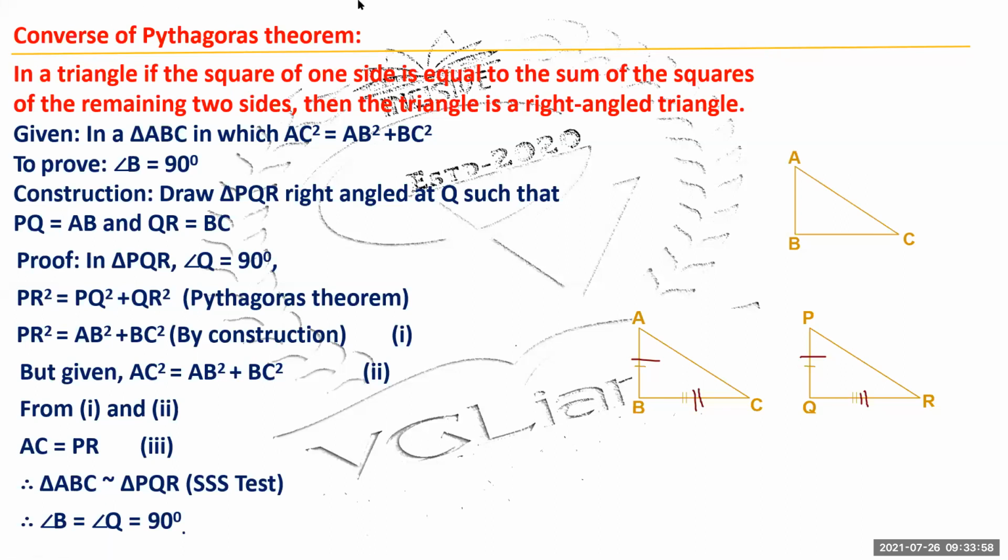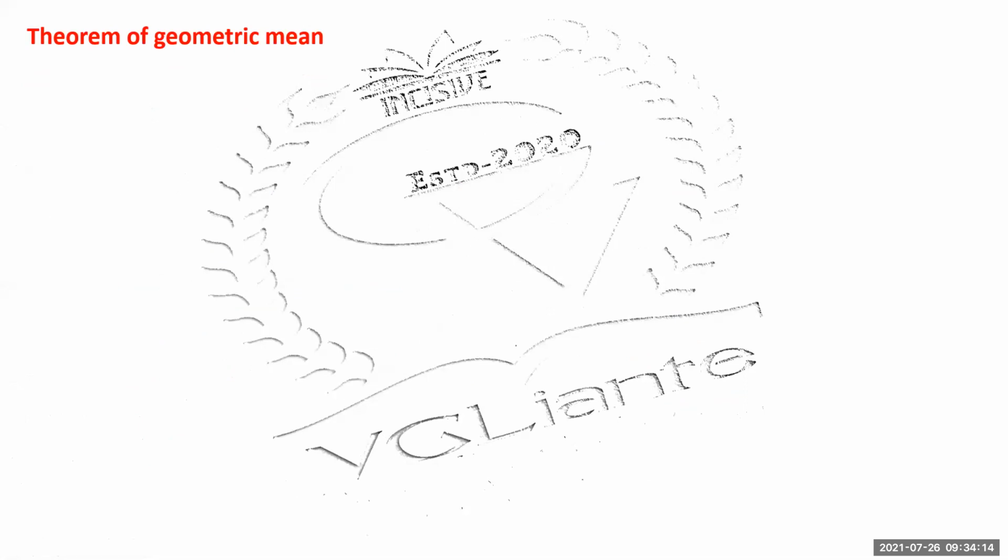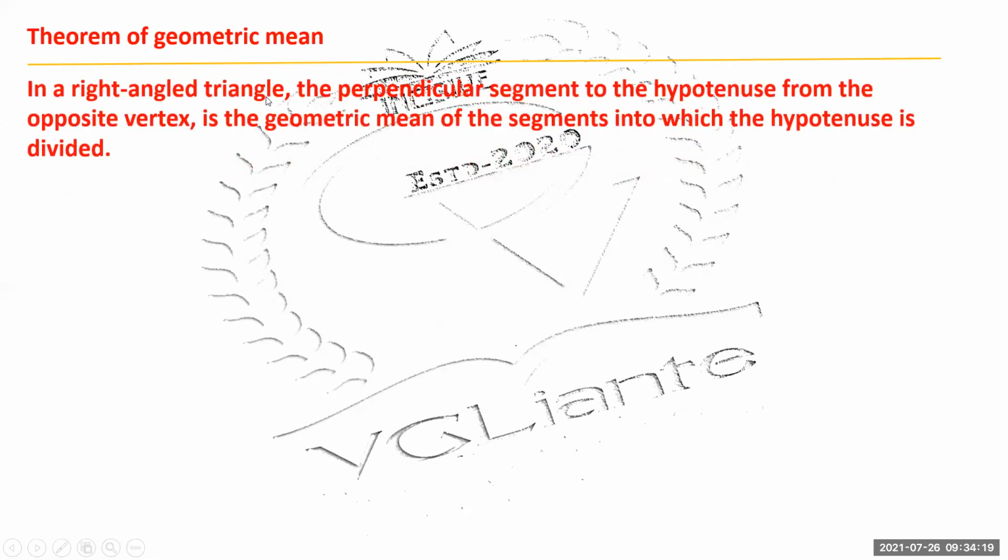You all can remove the screenshot of this. Next theorem is the theorem of geometric mean. In a right angled triangle, the perpendicular segment to the hypotenuse from the opposite vertex is the geometric mean of the segments into which the hypotenuse is divided.